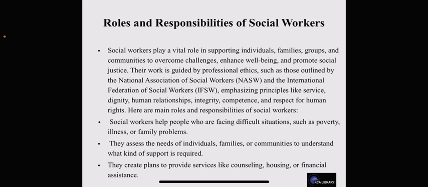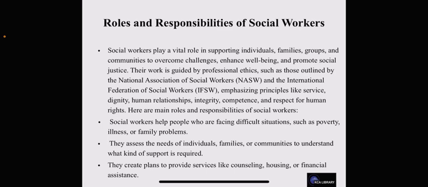Their work is guided by professional ethics, such as those outlined by the National Association of Social Workers (NASW) and the International Federation of Social Workers, the IFSW, emphasizing principles like service, dignity, human relationships, integrity, competence, and respect for human rights.